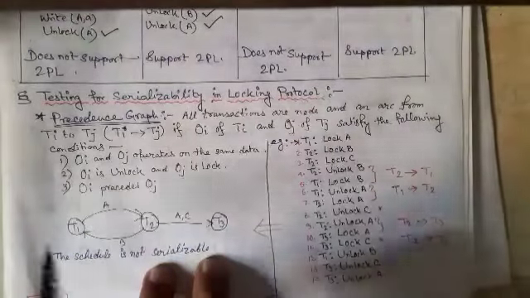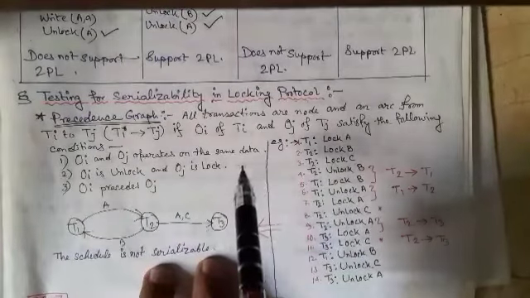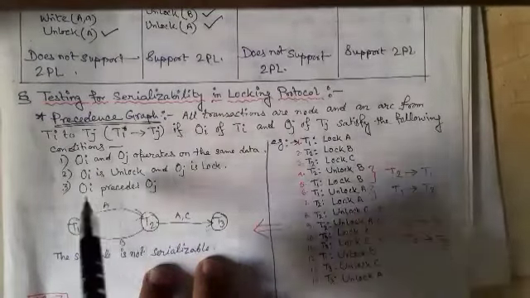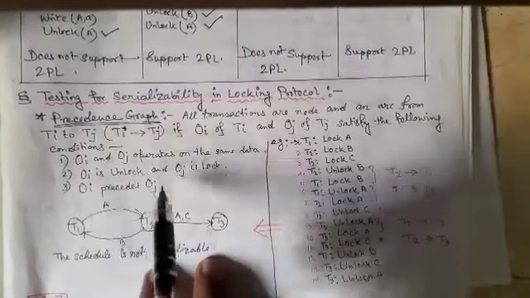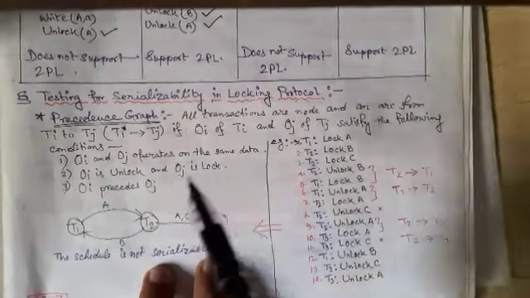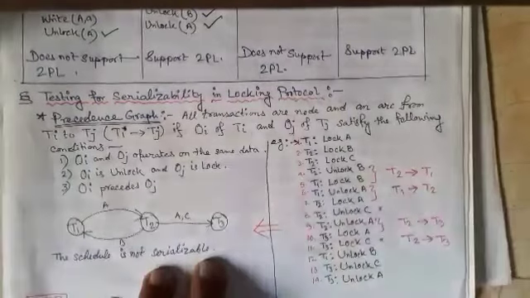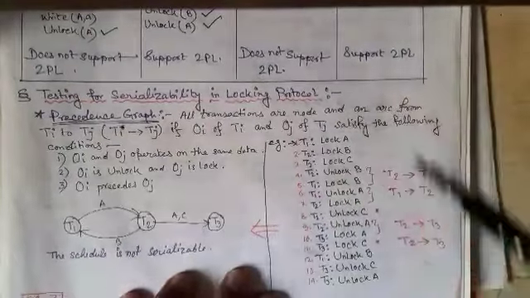What is the first condition? Oi and Oj operate on the same data. It must be on the same data. Oi is unlock and Oj is lock, and Oi precedes Oj. Now take an example.